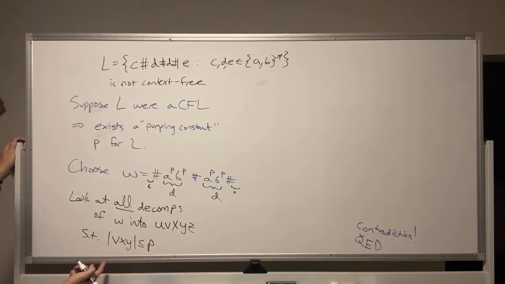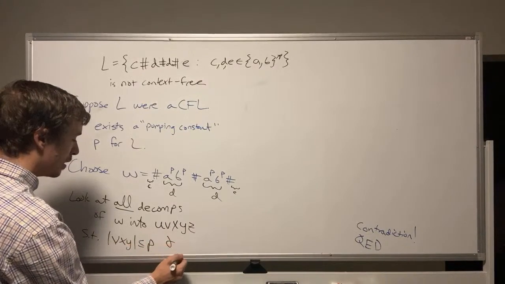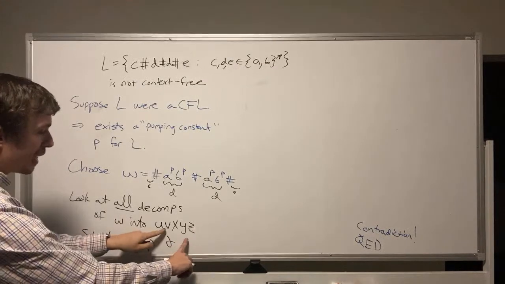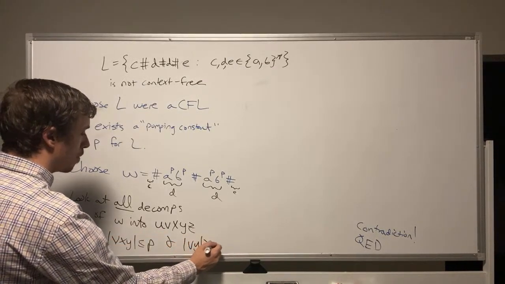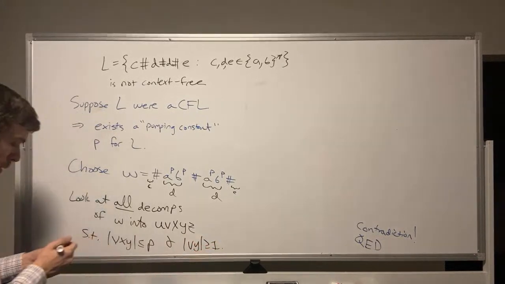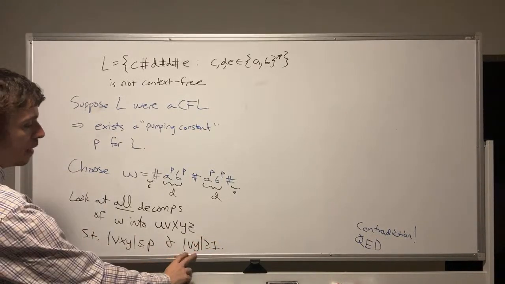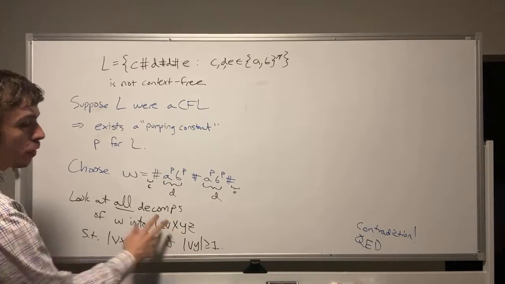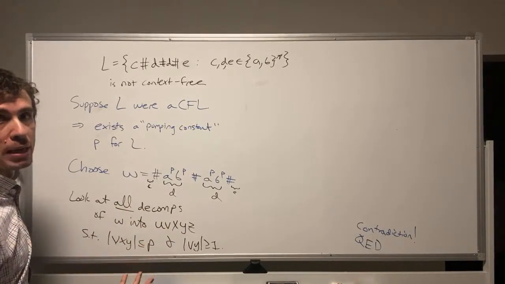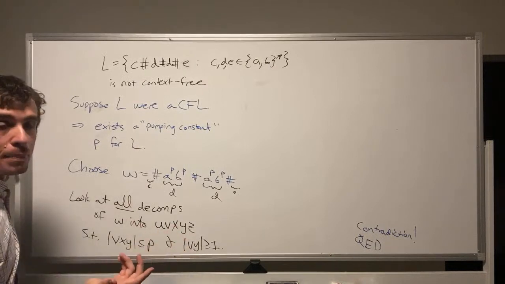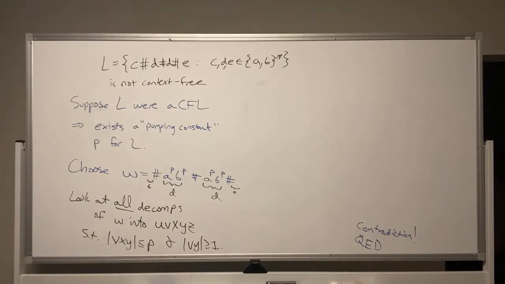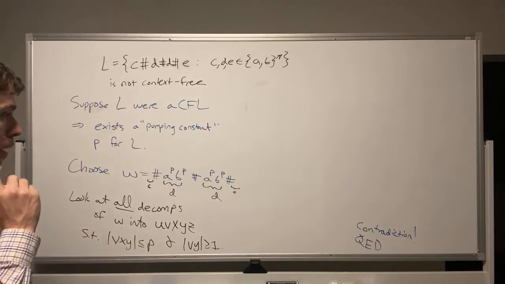So the length of those 3 is at most P in total. The second and the fourth piece have some character in them. Another way of saying that is that the length of the second and the fourth piece together is at least one. So it's not the case that V is empty and Y is empty. All right, so what are all the possible decompositions? Well, let's see.